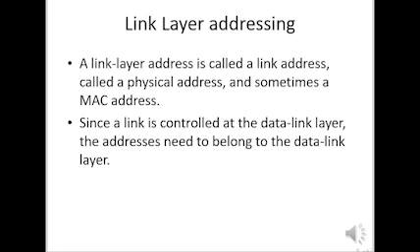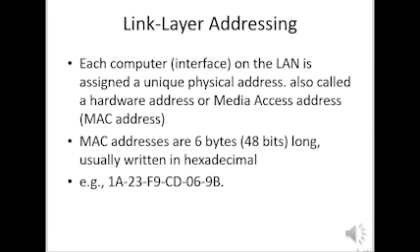The link layer address, called the link address, is also called the physical address or sometimes the MAC address. Since a link is controlled at the data link layer, the address needs to belong to the data link layer. Each computer interface on the LAN is assigned a physical address called the hardware address or media access address. It is called the MAC address.